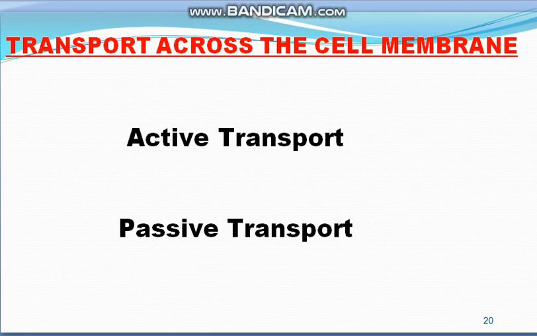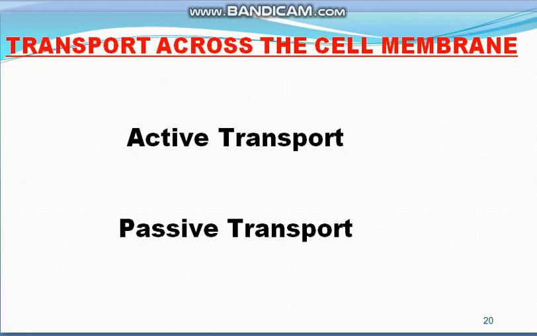That is, when they use energy to cross the membrane, that type of transport is known as active transport. And a few molecules are transported across the membrane against the concentration gradient, meaning from lower to higher concentration.